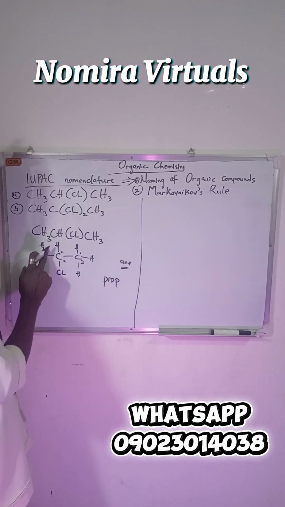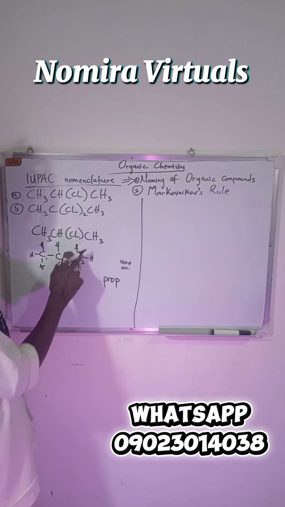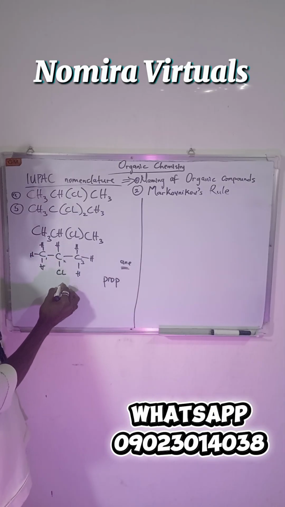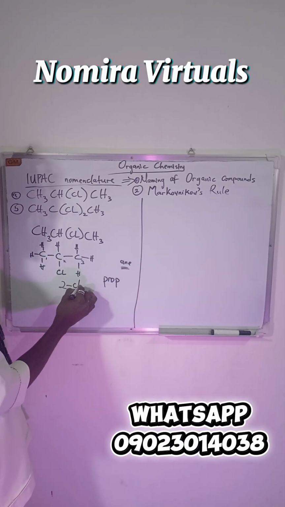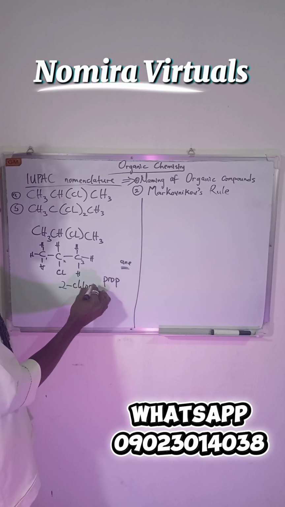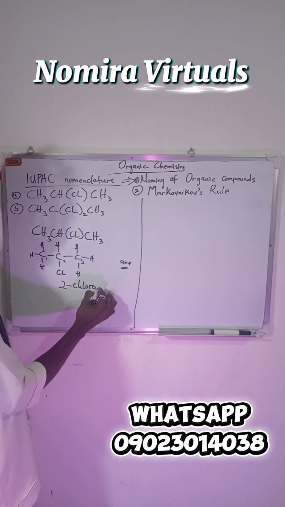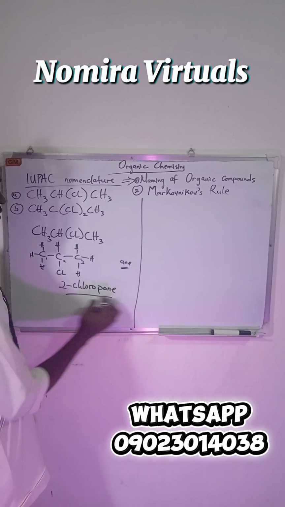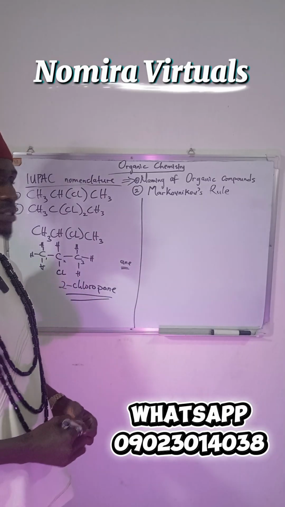Carbon 2. So we will choose only one pattern of numbering. So at the end of the day, this is going to form what? 2-chloropropane. This is how to name this compound.